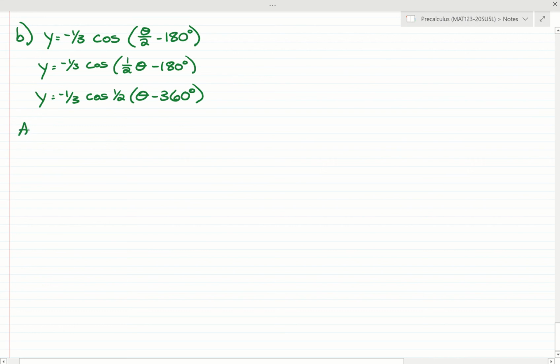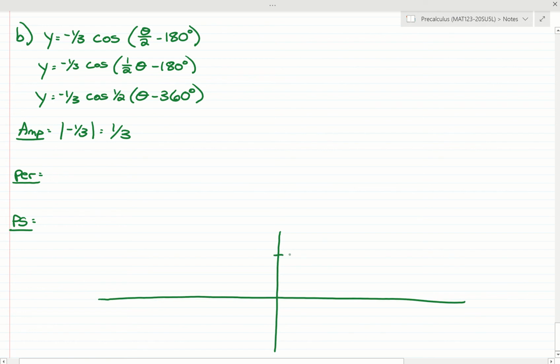So let's talk about our amplitude, period, and phase shift. Amplitude would be the absolute value of -1/3, which is 1/3. So I'm going to set up my graph. And the highest it's going to go is 0.3, -0.3, and we have 1, 2, 3, 4.